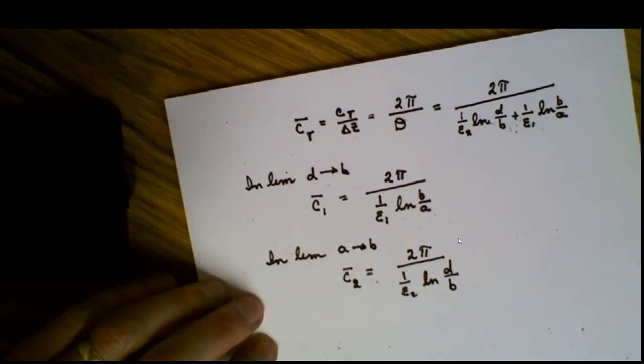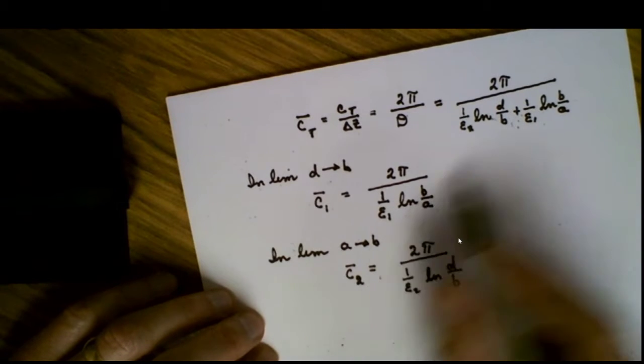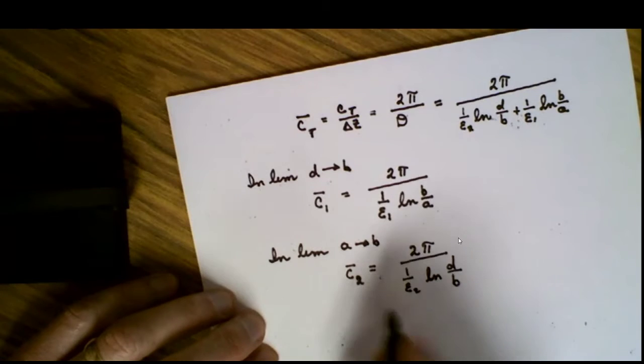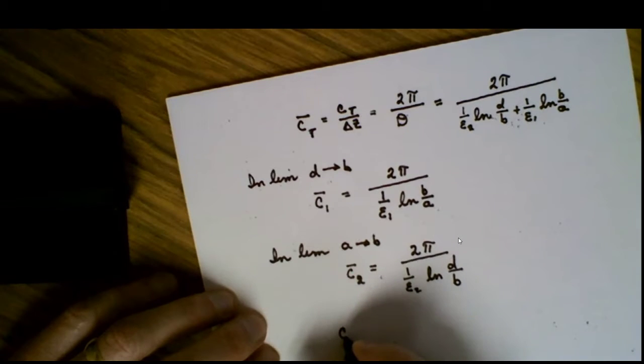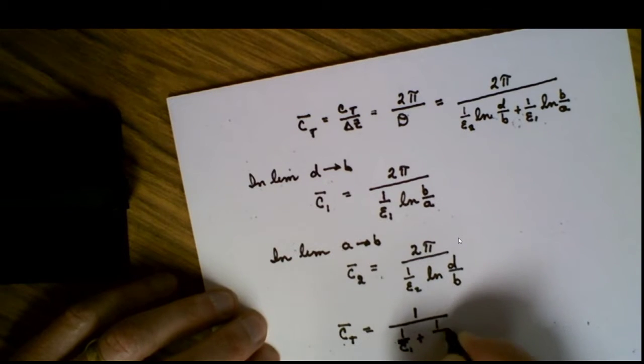Now, if we look at our expressions, we see an interesting effect. If we substitute these into here, my total capacitance per unit length is going to be equal to 1 over the capacitance per unit length 1 plus 1 over the capacitance per unit length 2.